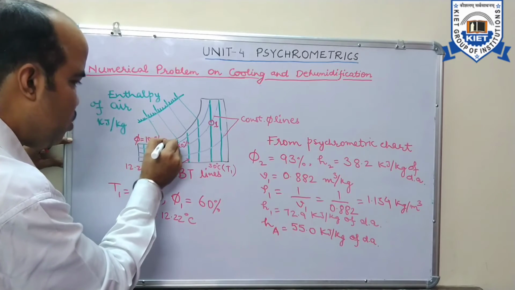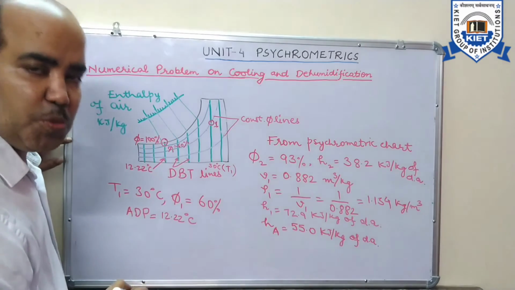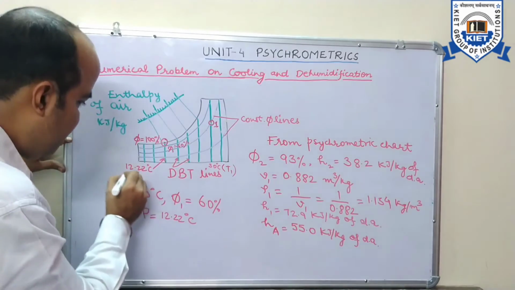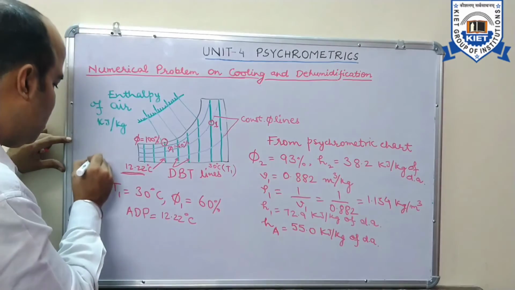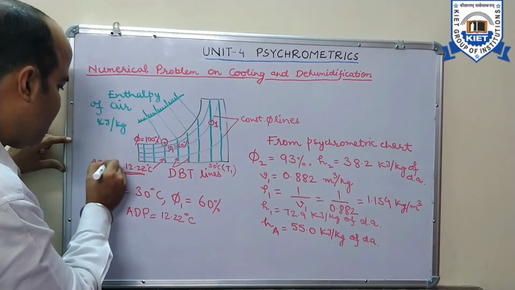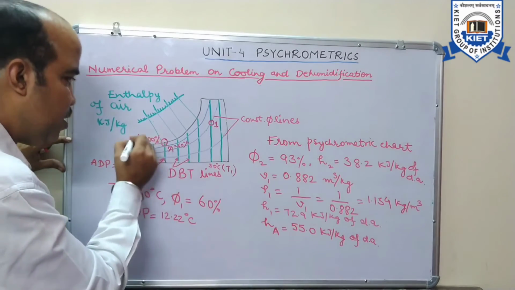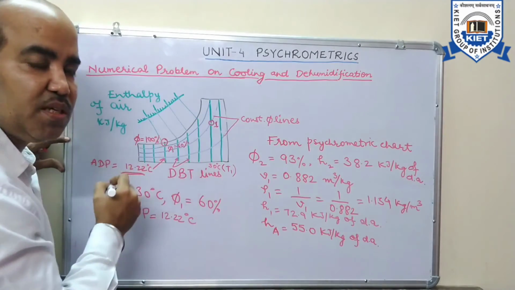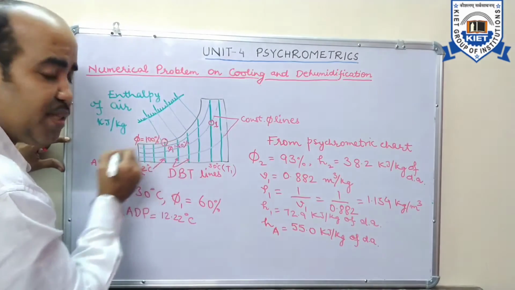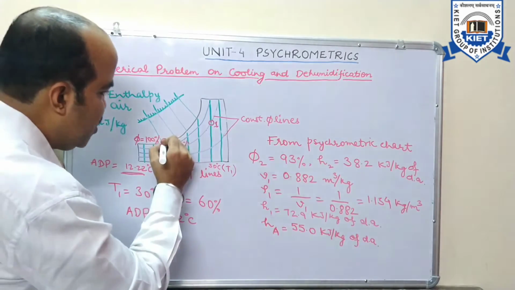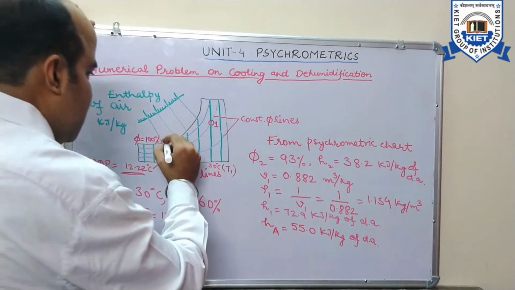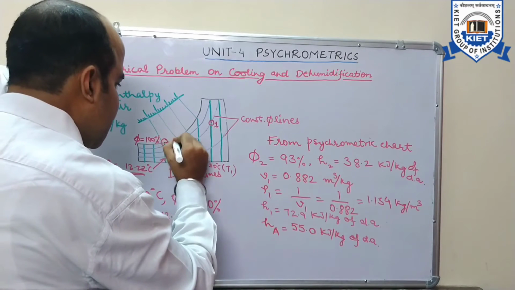Locate the point corresponding to ADP, 12.22 degrees Celsius, on the 100% relative humidity curve, and you will obtain a point like this. Now join these two points with a straight line.